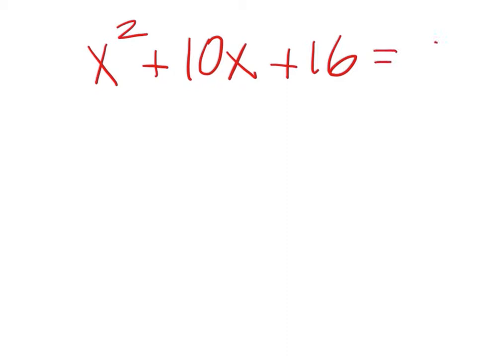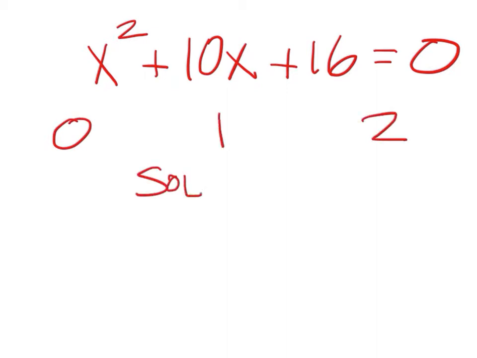The discriminant is this. For example, if I had x squared plus 10x plus 16 equals 0, I can figure out if I have no solutions, 1 solution, or 2 solutions before I even do the problem.